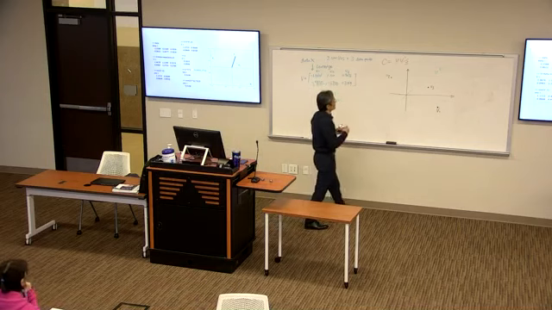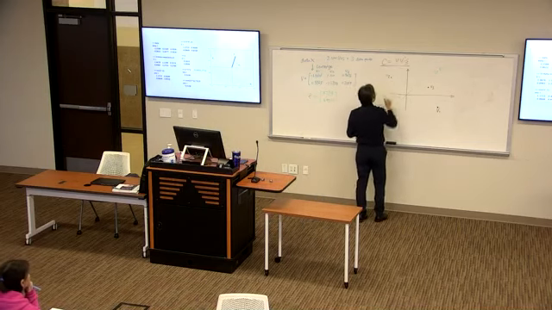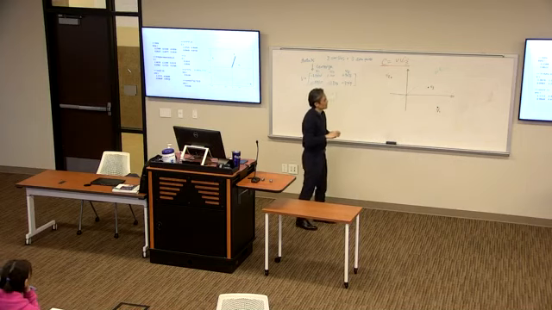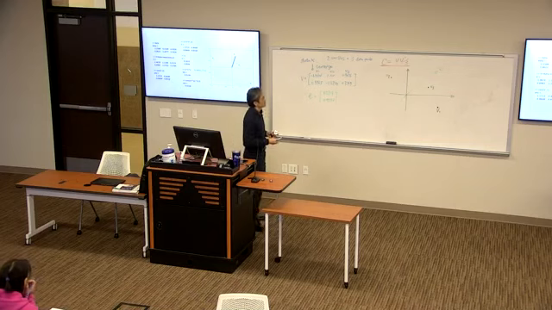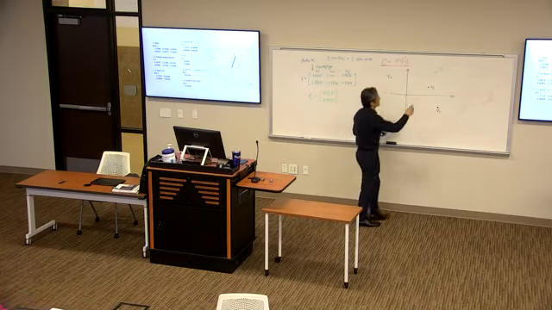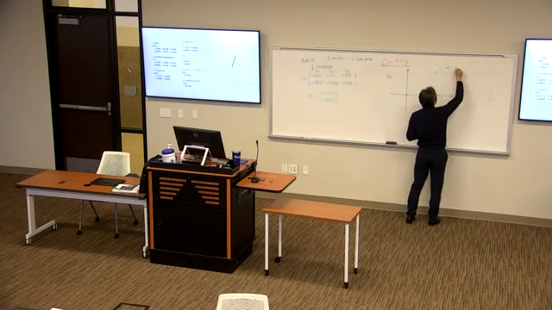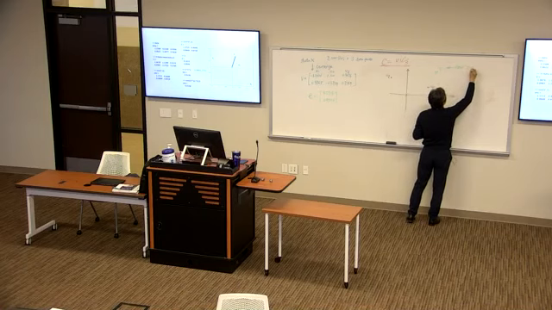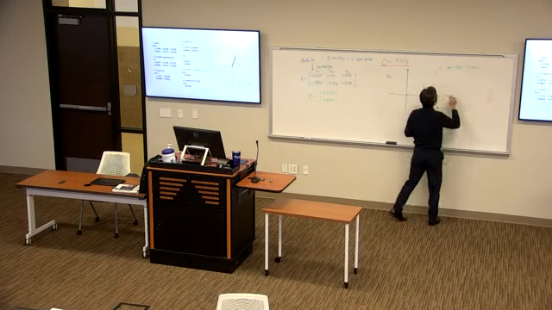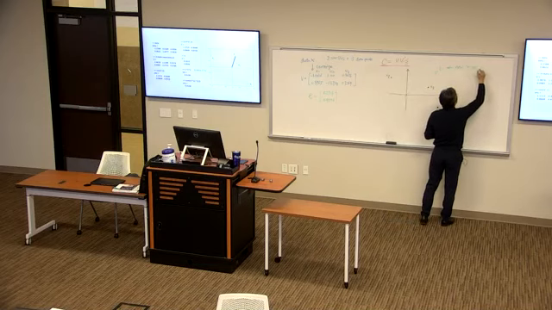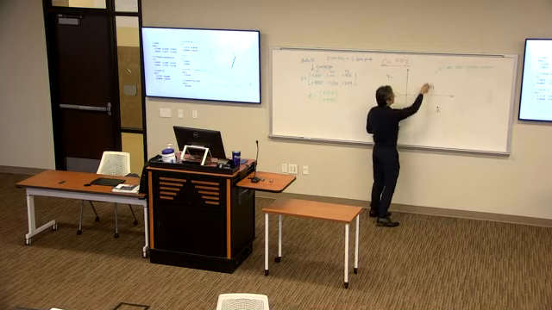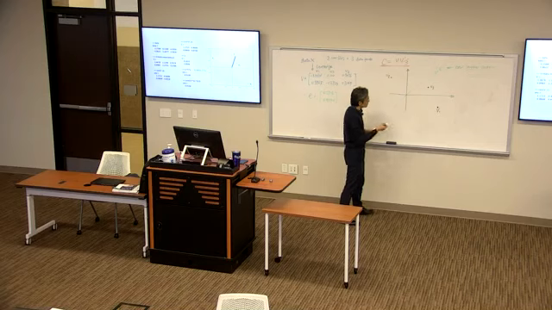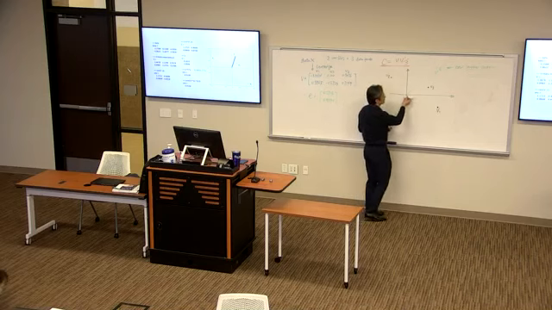I'll leave this like this for now. Now I'm going to use my E as my new axis vector.